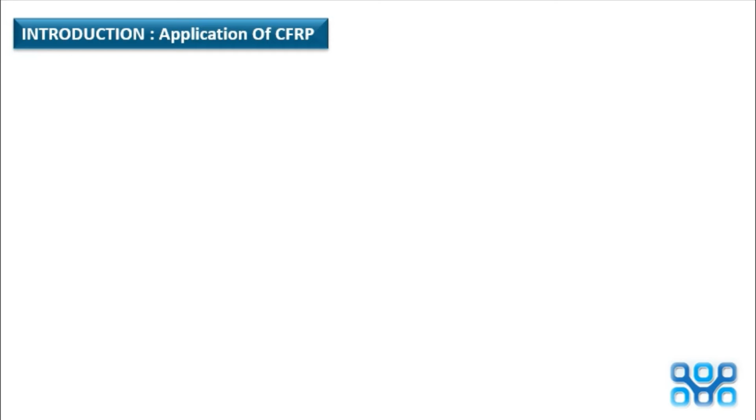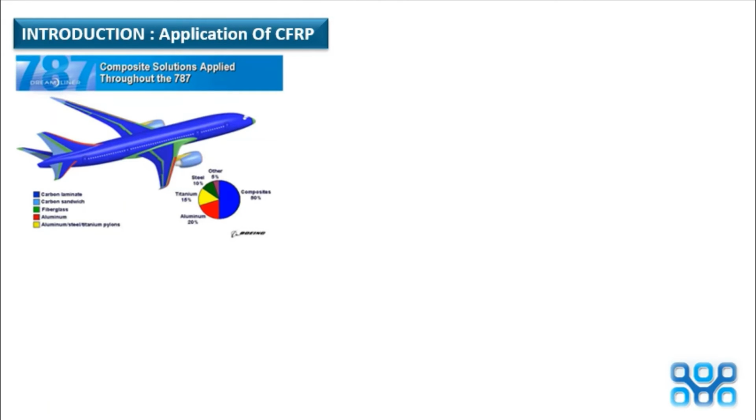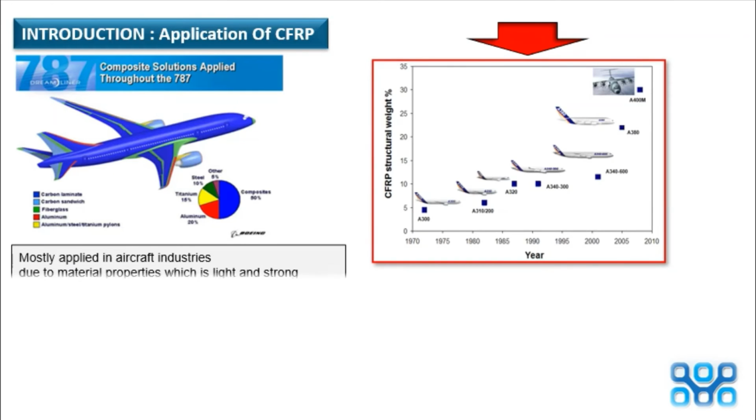In terms of the application of CFRP, nowadays a lot of CFRP is being used in the aircraft industry, which you can see in the Dreamliner 787. It consists of 50% of its body structure using composite material.